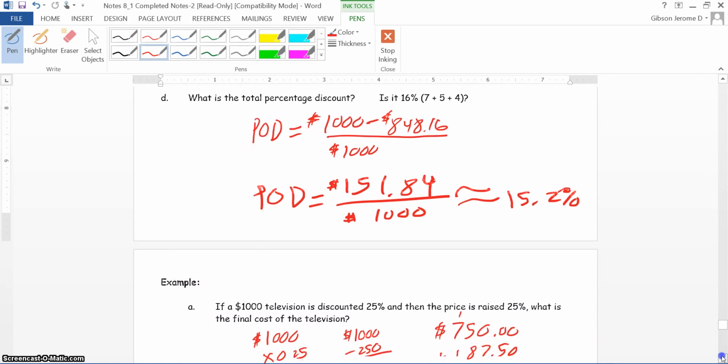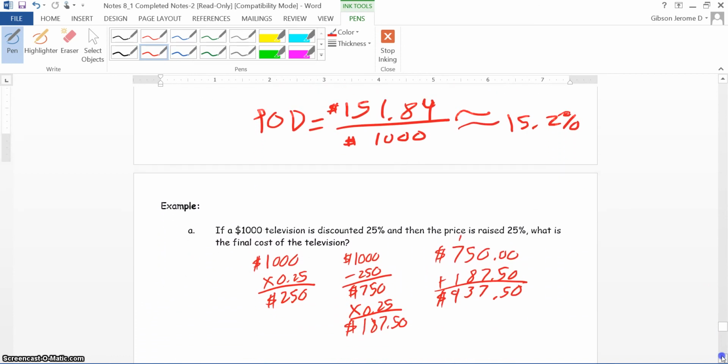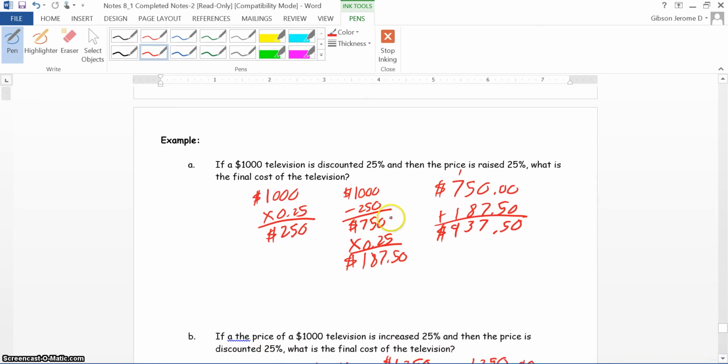Okay, now we go on to our next example. It says if a $1,000 television is discounted 25% and then the price is raised 25%, what is the final cost of the television? So we would take 1,000, which is the cost of the television, times the 25% discount, which gives us 250. And we subtract 250 from the 1,000, so our new price is $750.